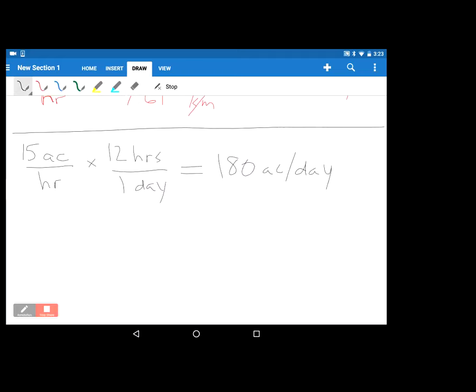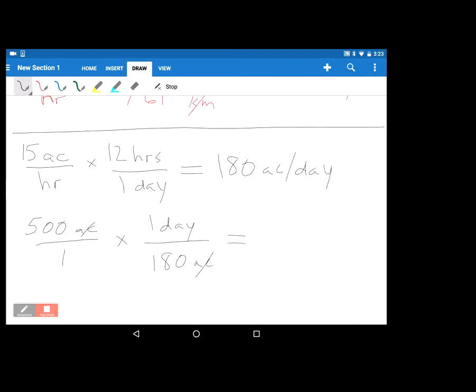Okay, we have 500 acres. Put that over 1 times, okay, we're doing 180 acres per day. So I can put 1 day up here, 1 day per 180 acres. That cancels the acres out, and we're left with days, which is what we want our answer to be in.